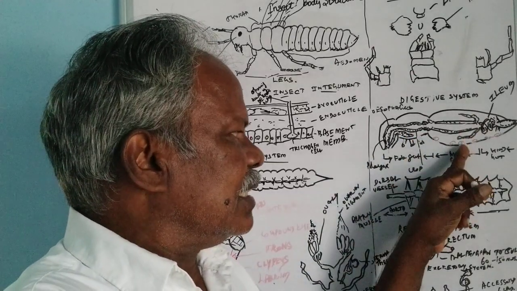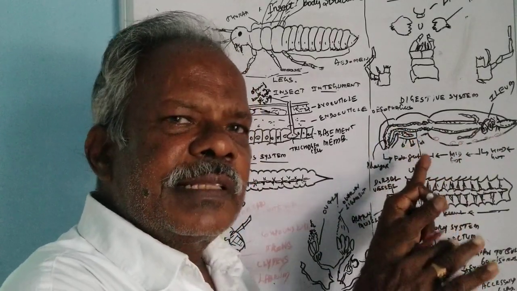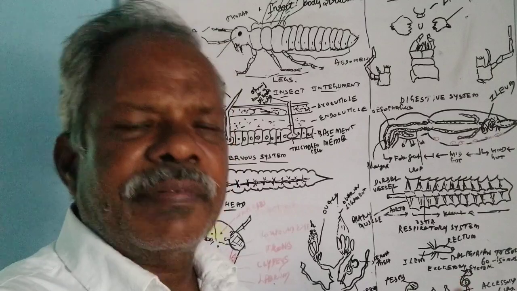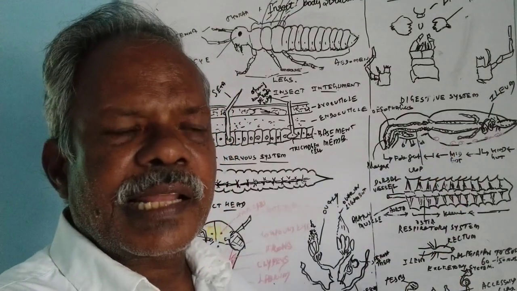So totally 11 spiracles on one side, and on the other side there will be 11 spiracles. Totally 22 spiracles are there.